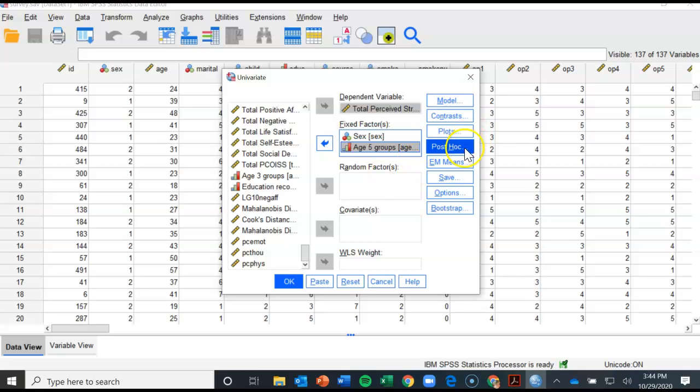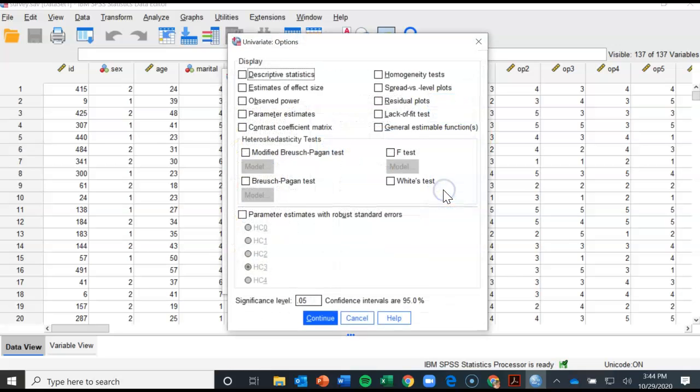Then we go to the Options button, and we want to select descriptive statistics because you need the means, standard deviations, and Ns for each group in the analysis. We want the estimates of effect size, and we want the homogeneity tests. That will tell us whether we violated some key assumptions.